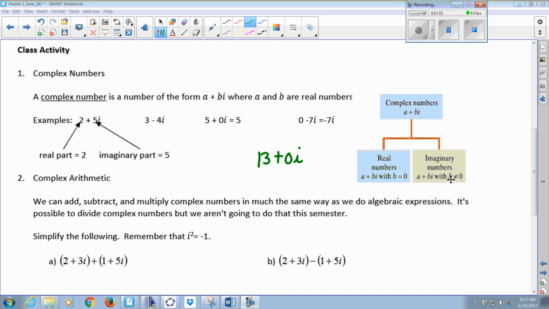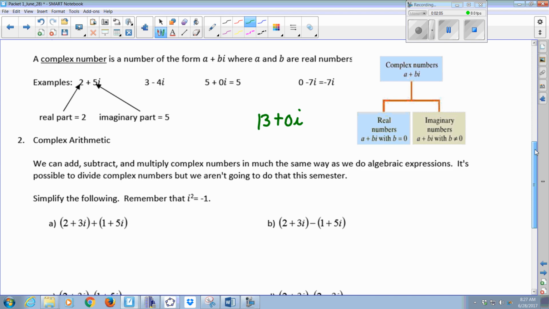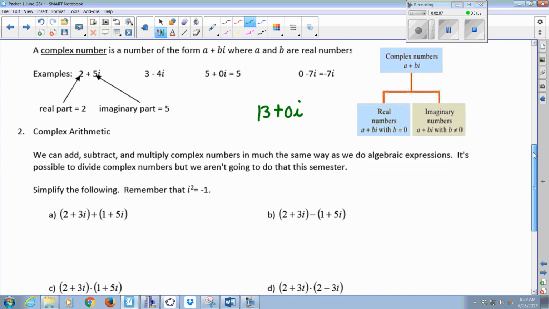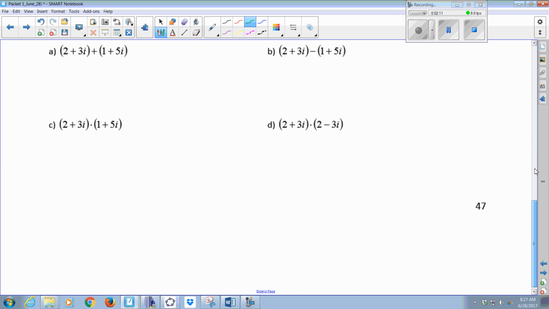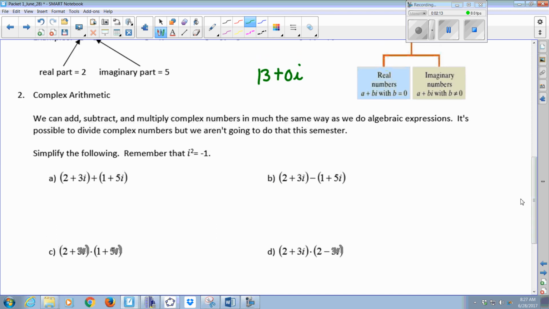So the complex numbers are now an expansion of the number system most of you have been working with up to this point. So let's take a look at some arithmetic with complex numbers. We can add, subtract, and multiply complex numbers in very much the same way we do with any algebraic expression.